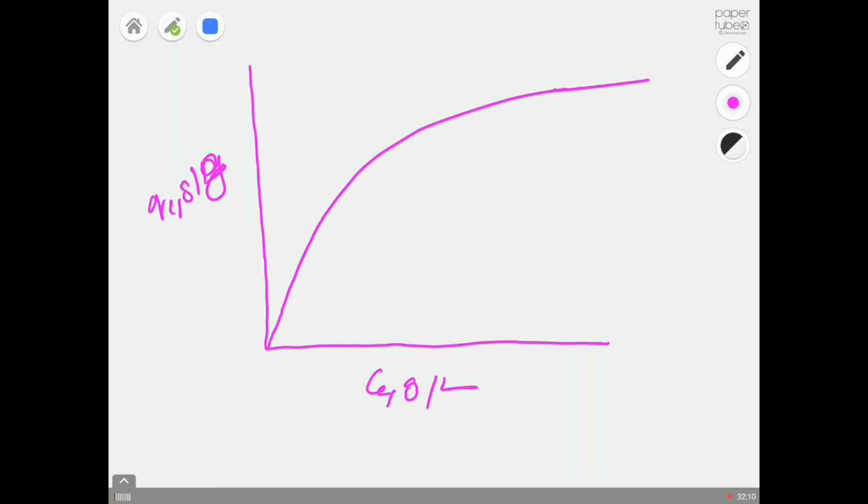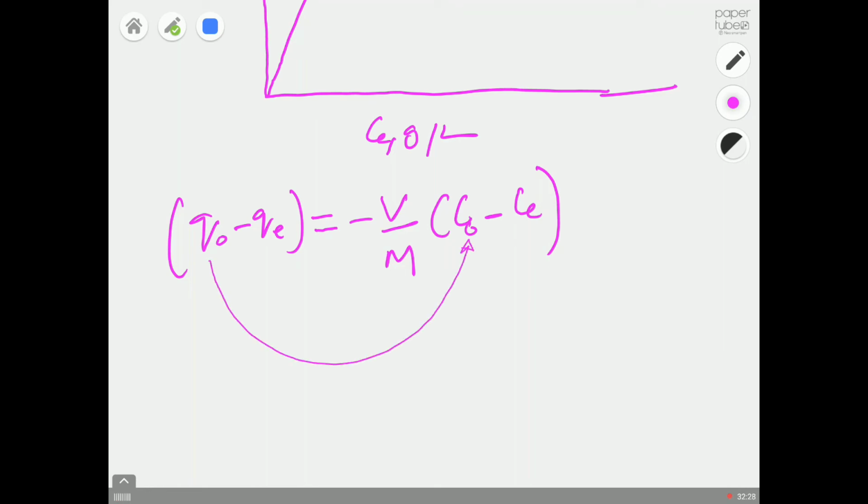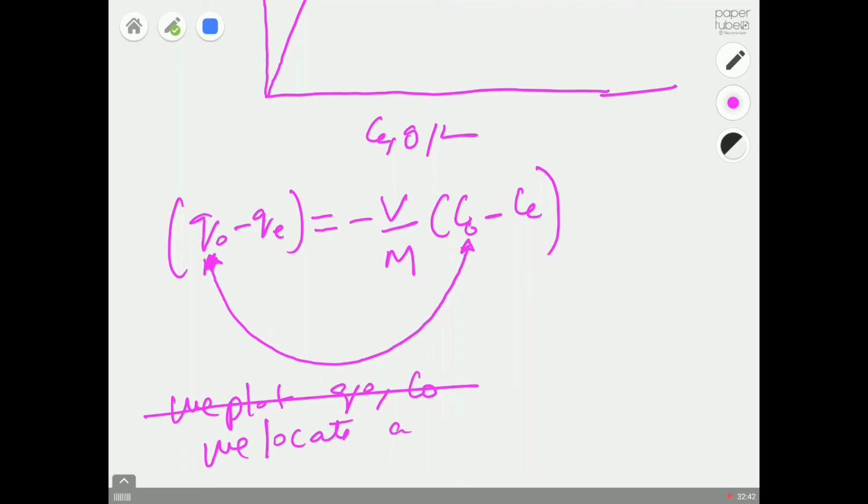So let's write this equation again. Q0 minus QE equal to minus V by M, C0 minus CE. So what we are doing now is take these 2 values Q0 and C0. So we plot Q0, or we locate a point C0 comma Q0.